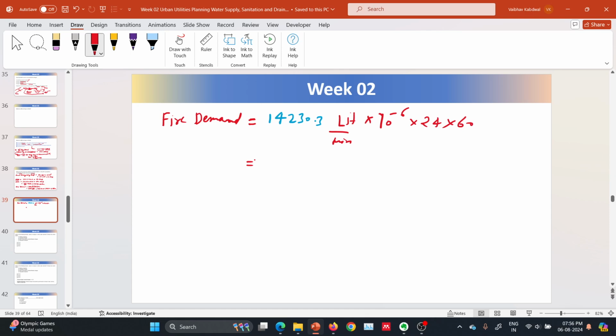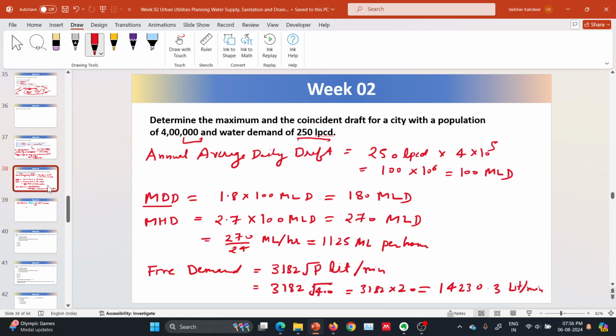For Q, 3182 into 20. This is somewhat wrong.